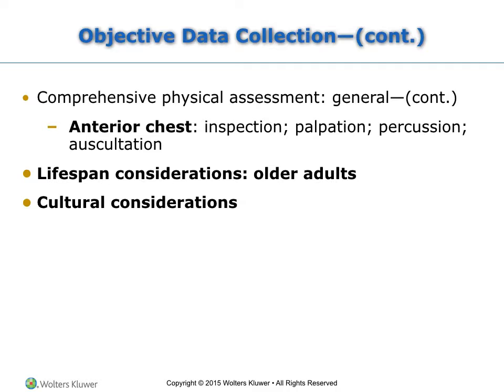After you've inspected and auscultated the anterior chest, you continue with the posterior chest, again considering the age of the patient and any cultural considerations. For example, I know in certain Asian populations, a common homeopathic technique is to coin the chest when there is a respiratory condition, which is taking hot coins and rubbing them along the chest, which results in what looks like linear sort of bruising.